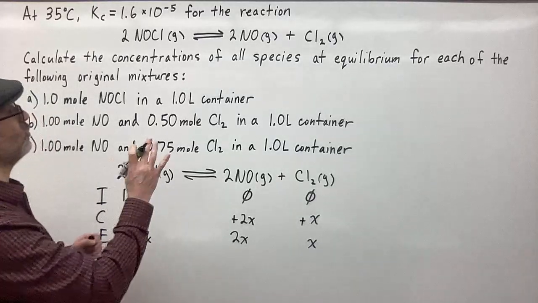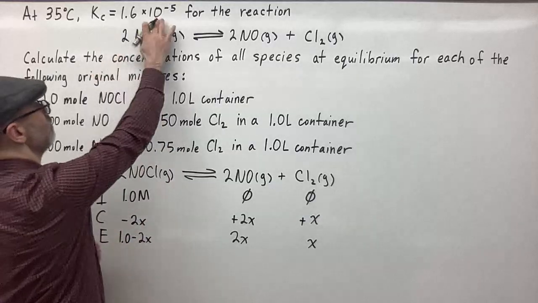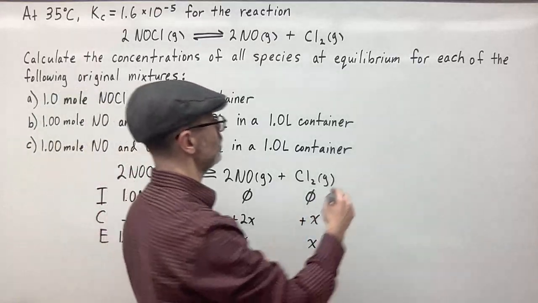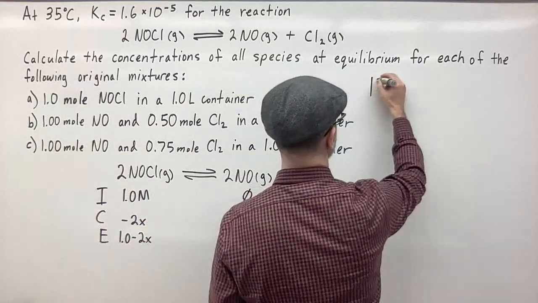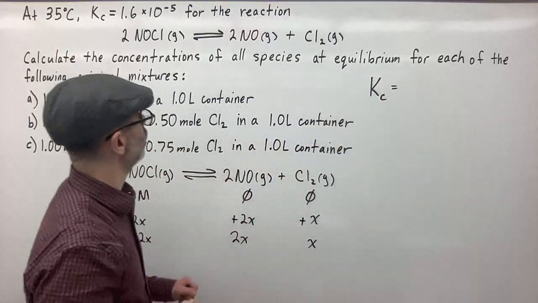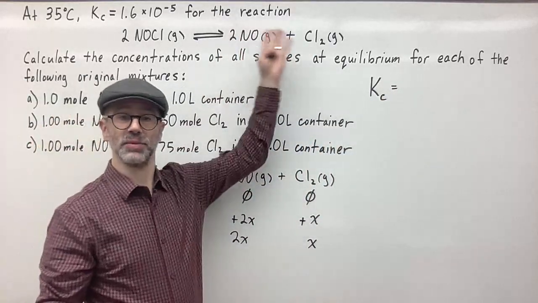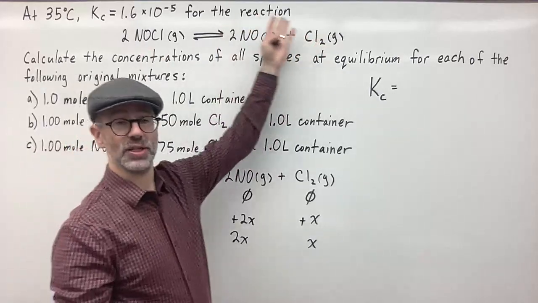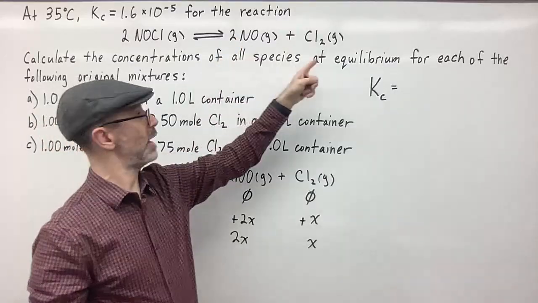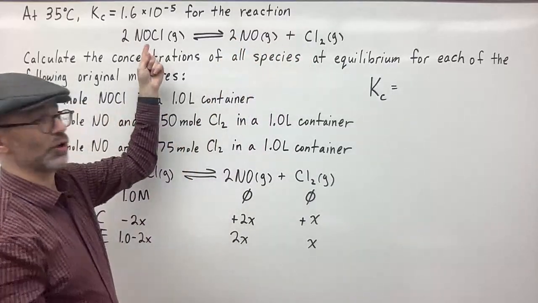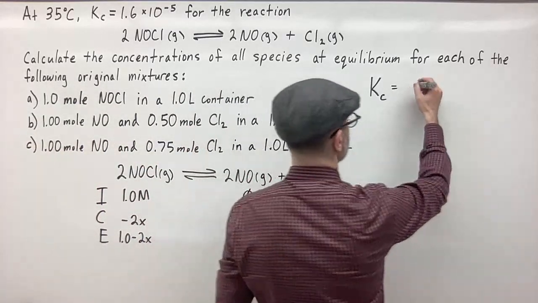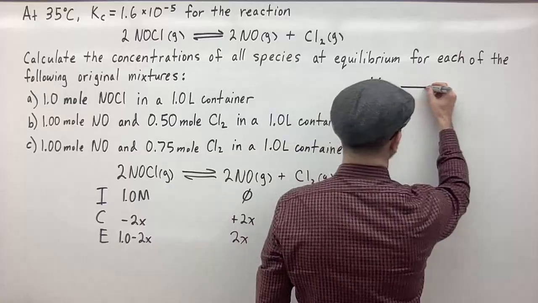They also gave us the Kc value, so we can solve for x. So let's write the Kc expression, the equilibrium constant expression for this equation. It's products over reactants, so the concentration of the products raised to their stoichiometric amounts, the coefficients, over the concentration of the reactants raised to its stoichiometric amount, the coefficient.